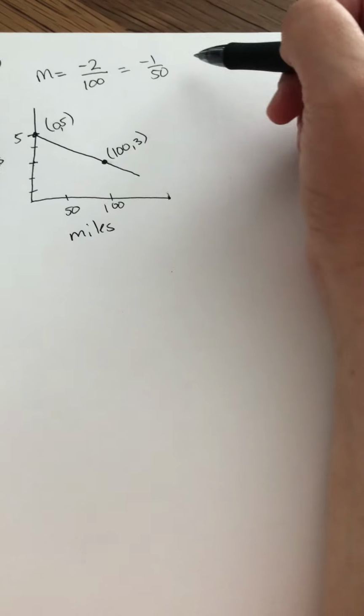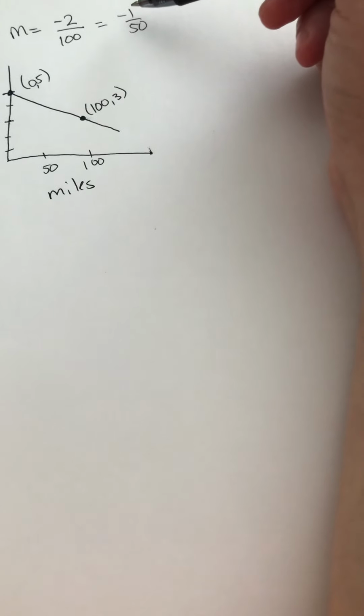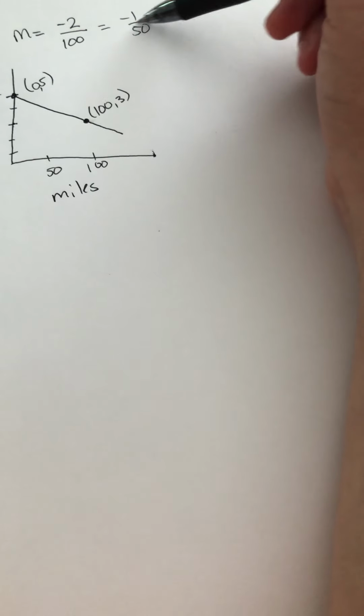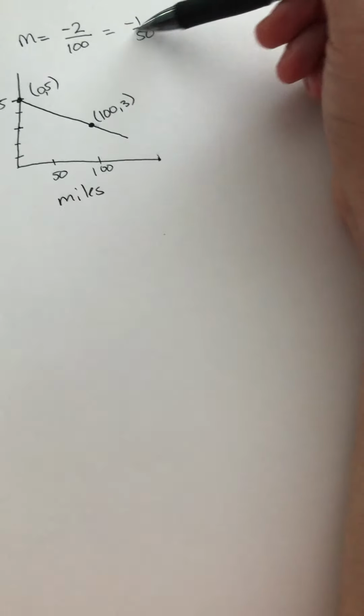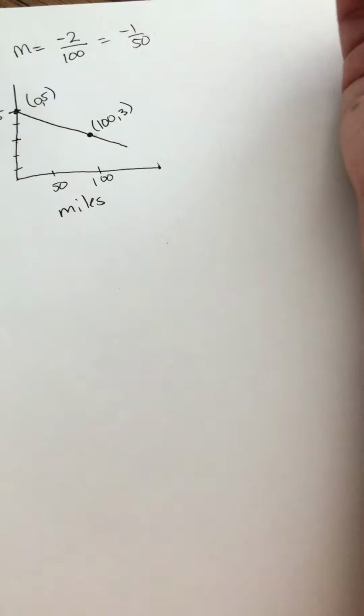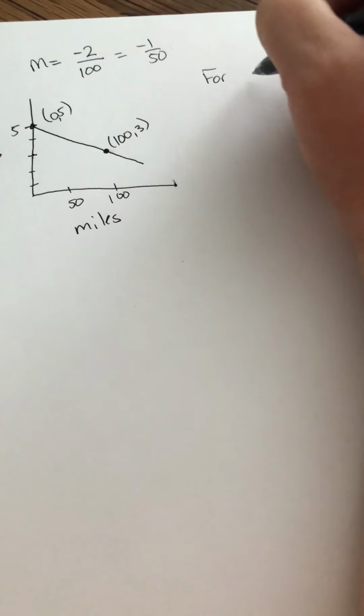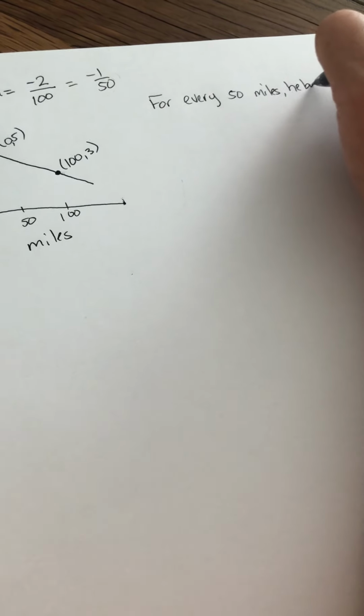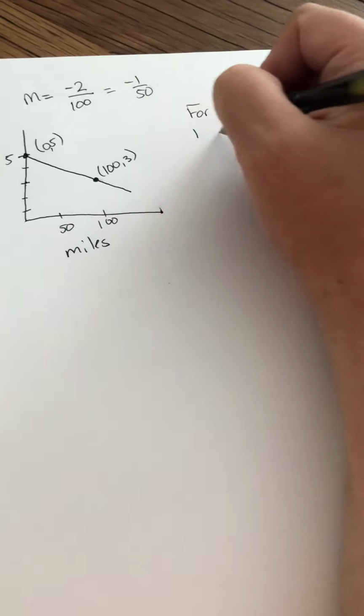So this means he is losing for every 50 miles. The miles is your run here. For every 50 miles, he's losing a gallon of gas. You can interpret it that way. He burns 1 gallon of gas.